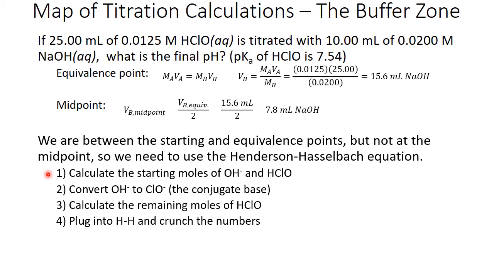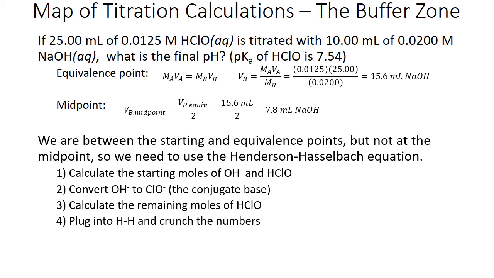First, we're going to calculate the moles of hydroxide and HClO using the information given in the problem. We're then going to use that hydroxide to calculate how much ClO minus, the conjugate base, has been generated. Then we calculate the remaining moles of HClO, and then plug everything into the Henderson-Hasselbalch equation and crunch the numbers.